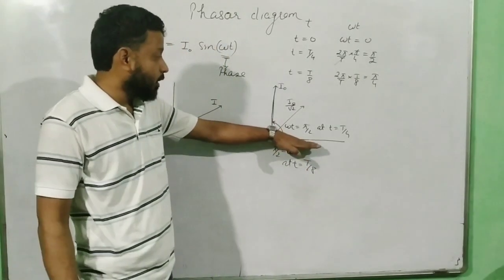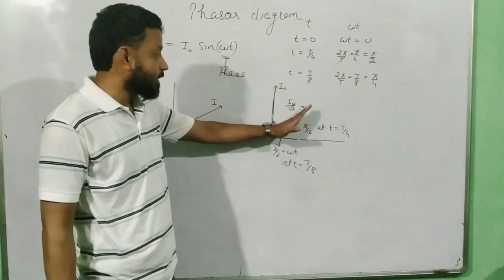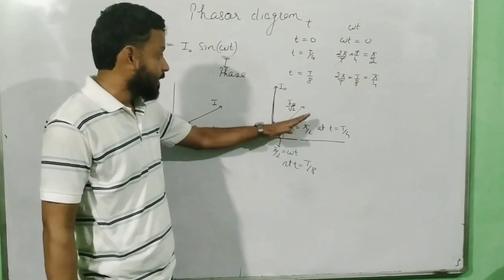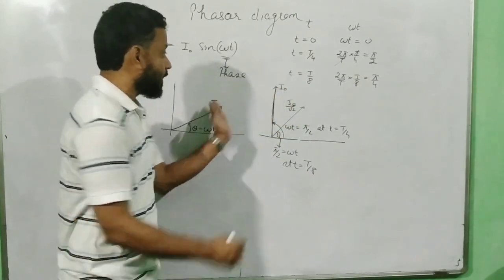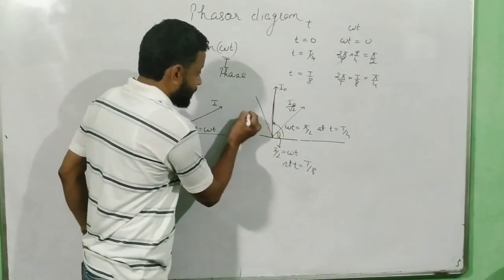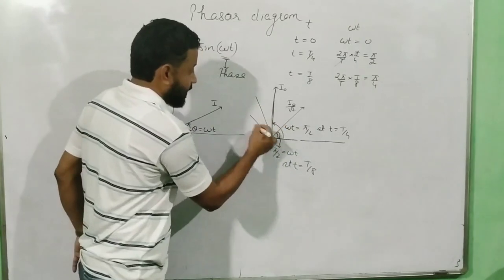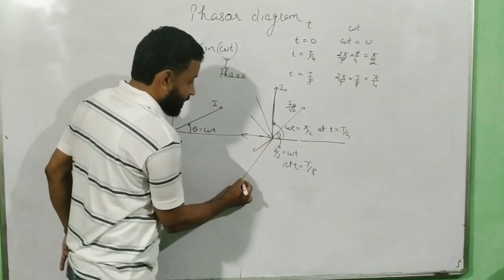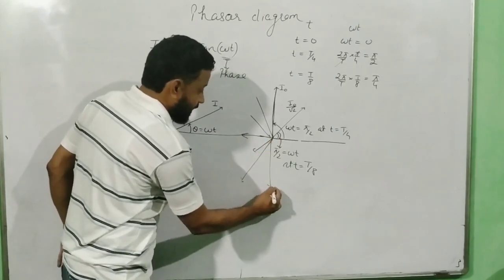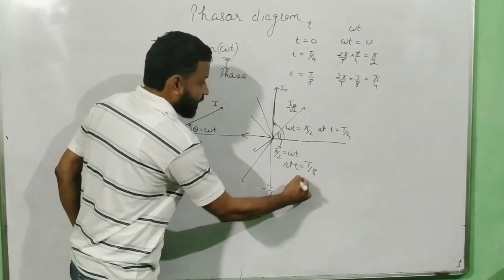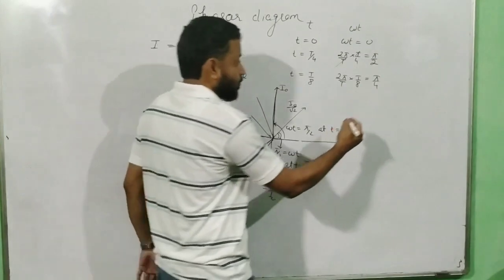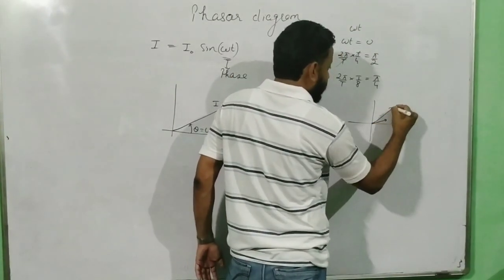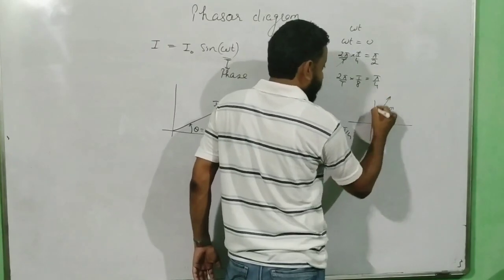So from 0, as the time increases, the current becomes I naught by root 2 at time t equal to T by 8. Then the current has increased to I naught and then it starts decreasing as the angle increases. Again it becomes 0, then starts increasing in the fourth quadrant. It attains minus I naught over here and then again starts decreasing. So overall, I'll get a beautiful graph like this.